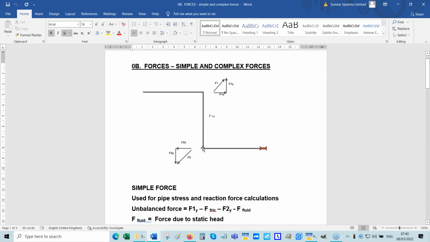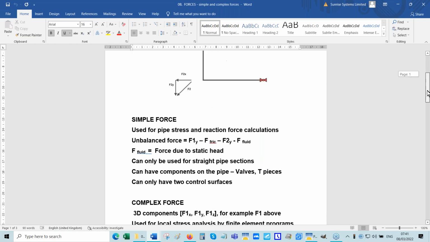So when it comes to pipe stress analysis and reaction forces on pipe supports, we will only use the simple force. The complex forces are not very often used, and for today's presentation, I will only consider simple forces because that is what you'll be using almost exclusively.